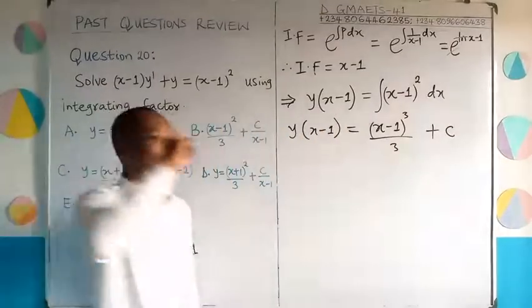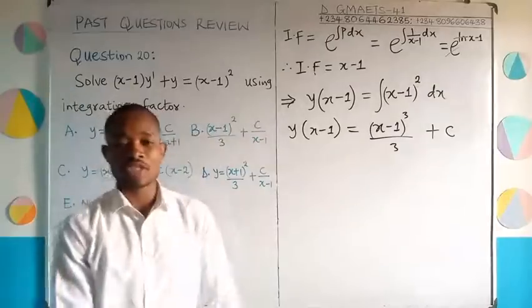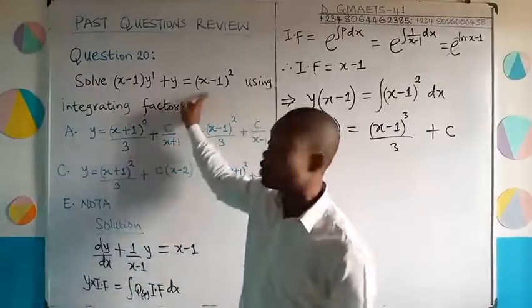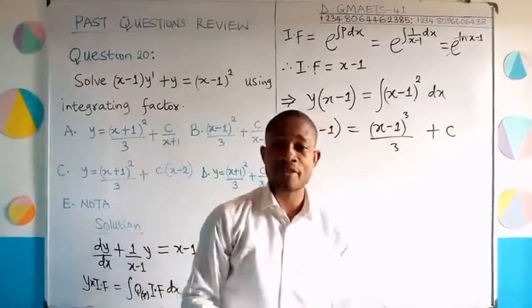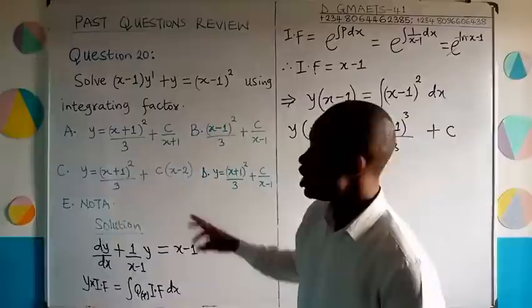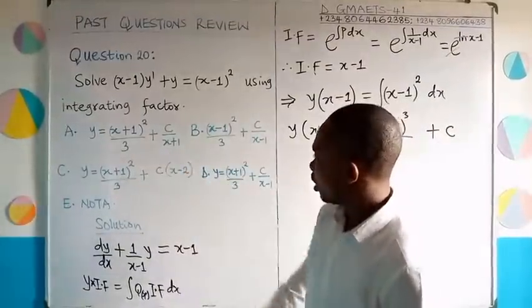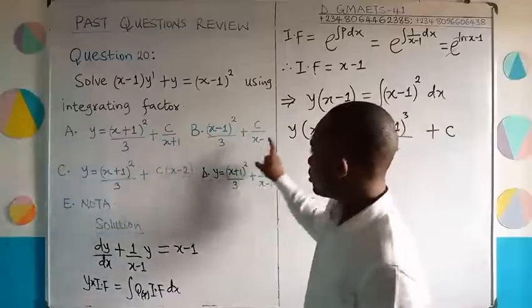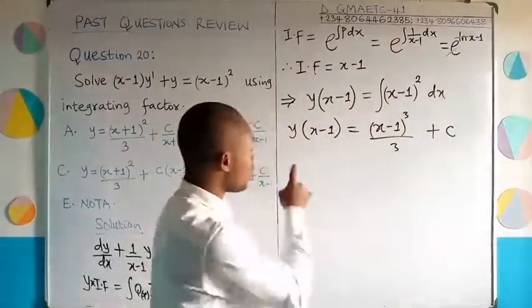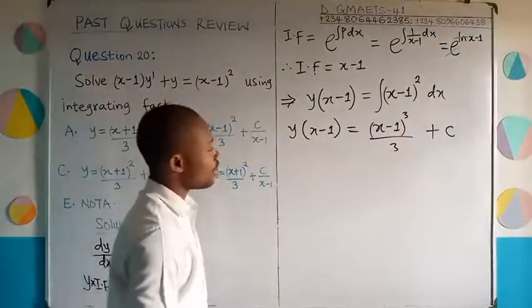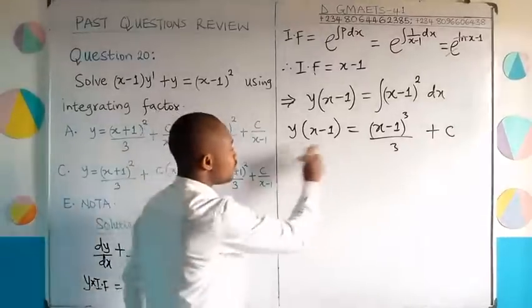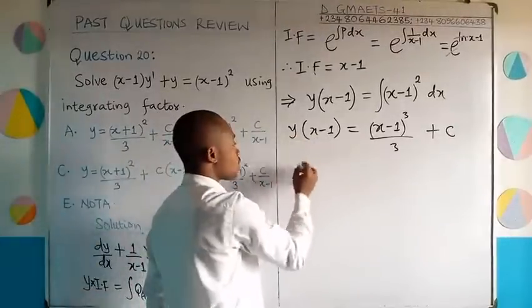And of course, this is my solution to this linear first order differential equation. But we have to simplify further as the options may demand. Clearly y has been made the subject of the formula in the options, so I'm going to make y the subject, which means I will divide through by the coefficient of y, which is x minus 1.